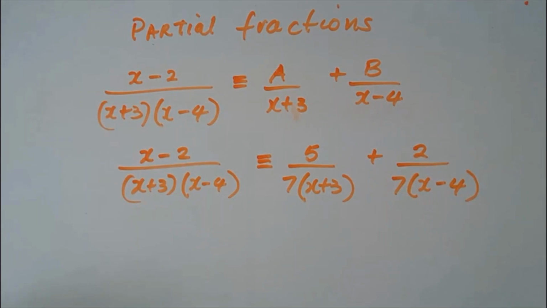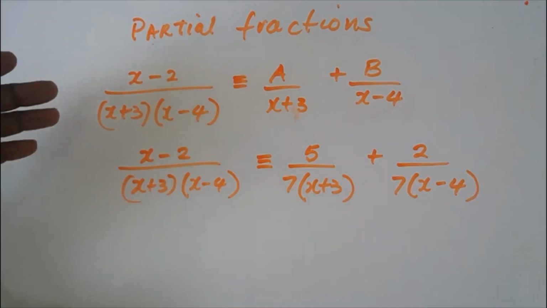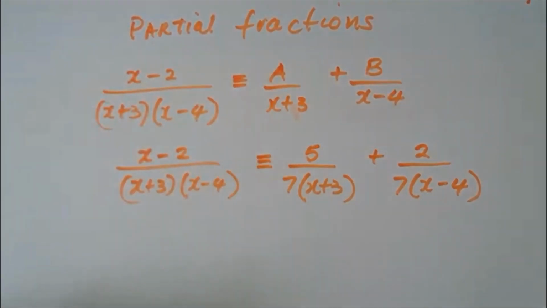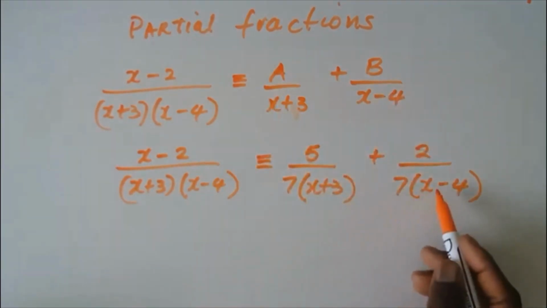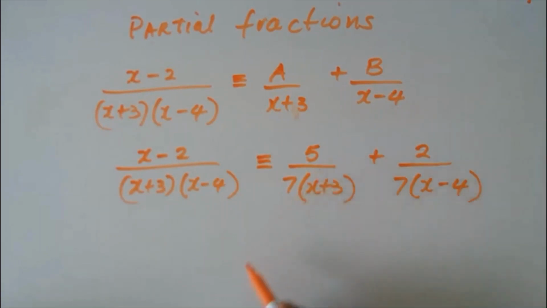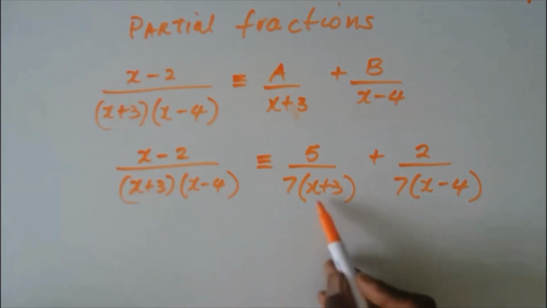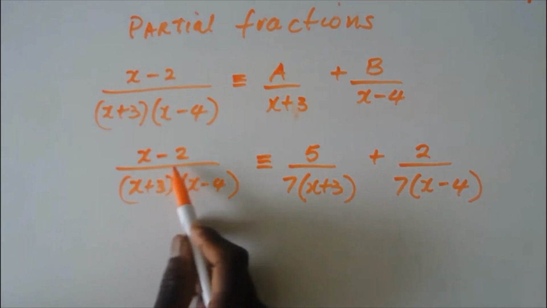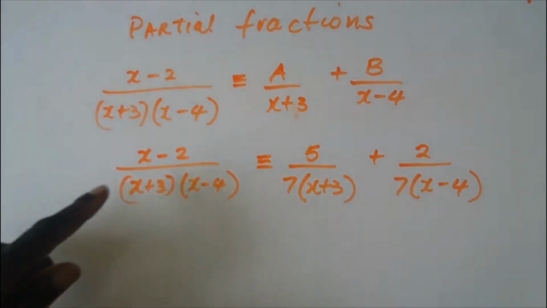This is what's called decomposing a fraction into partial fractions. We started with this on the left hand side and we found the constants a and b, and now we rewrite the original using the constants a, which is 5 over 7, and b, 2 over 7. You can check this by expanding and resolving to see that you end up with what's on the left hand side.